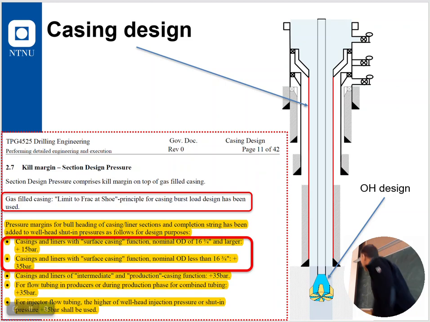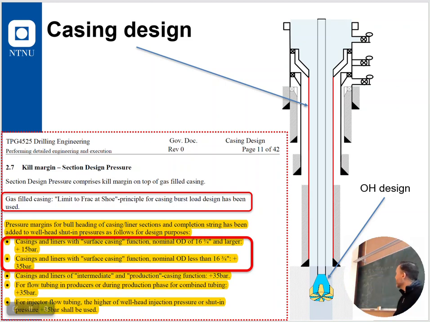You don't need to limit to frac at shoe. There could be special cases where you're allowed to do other things. When you play around in one of these softwares for casing design, you'll see that there are alternatives. But in most operators, they would ask you to use this criteria for gas fill casing and the pressures that follow from it.